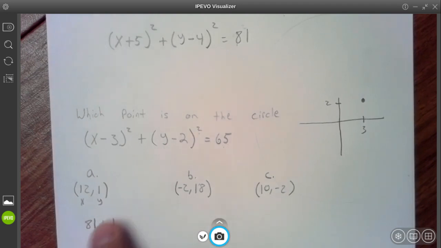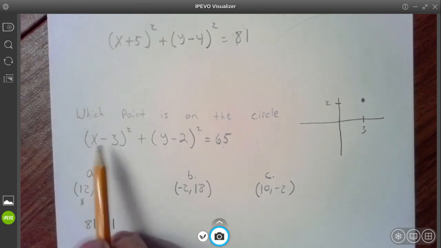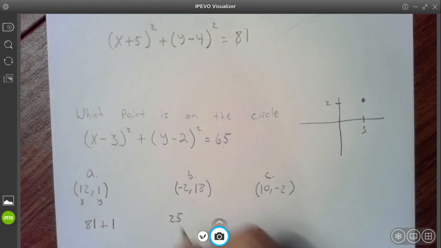And you see that this is not going to equal 65. Let's try negative 2 minus 3. That's going to be negative 5, but when you square it, you get 25. 18 minus 2 is 16, and then 16 squared is 256. But that does not equal 65.